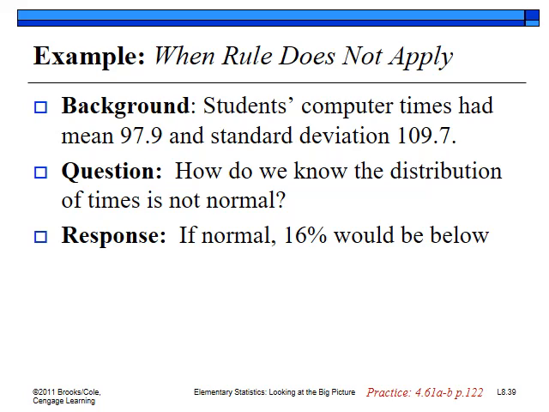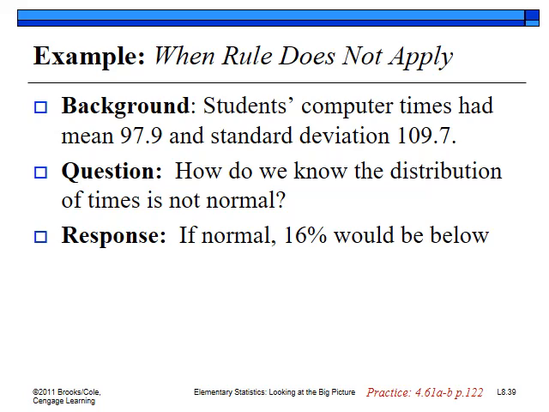Remember, the empirical rule tells us that 68% of the data should be within one standard deviation of the mean. That means 32% of the data would be outside of one standard deviation from the mean, and the normal distribution is symmetric. So the left-hand tail and the right-hand tail should have the same area.